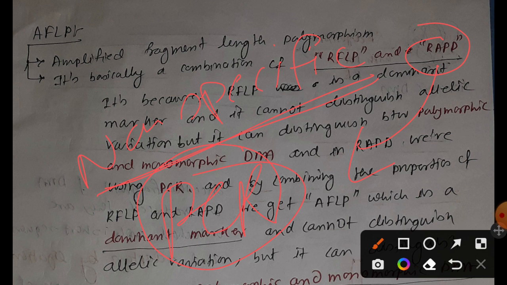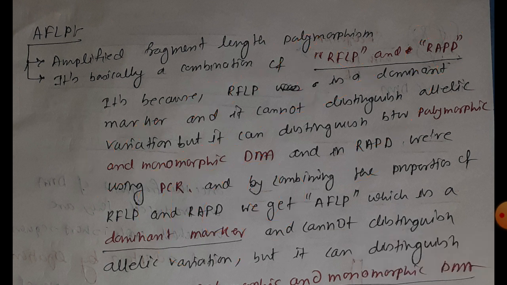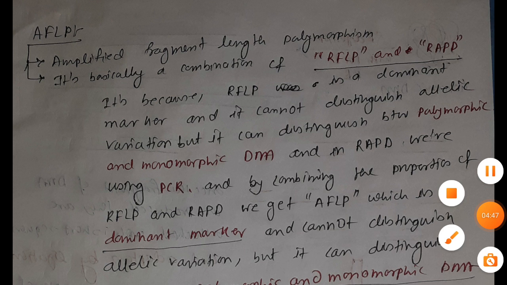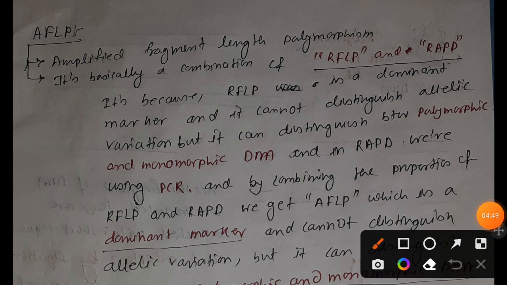In the PCR videos we discussed that PCR is responsible for the selective amplification of a particular part of the DNA, right? But in RAPD we are performing non-specific PCR. So now we are combining RFLP and RAPD together.